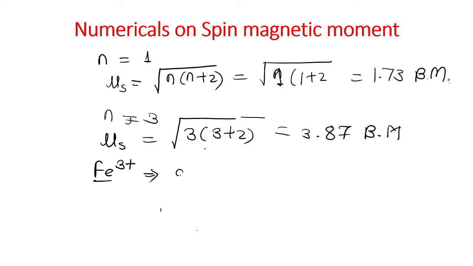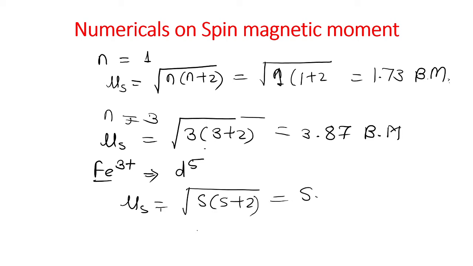It has the electronic configuration d5, so μs is equal to √(5 × (5+2)). For n equal to 5, its value is 5.92 BM, that means the Bohr magneton. So by using this, we can calculate the spin magnetic moment.